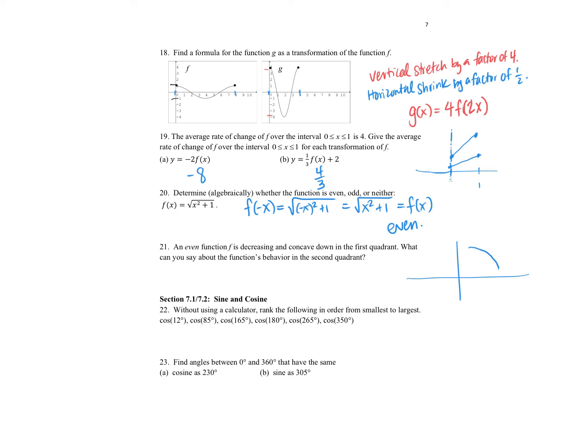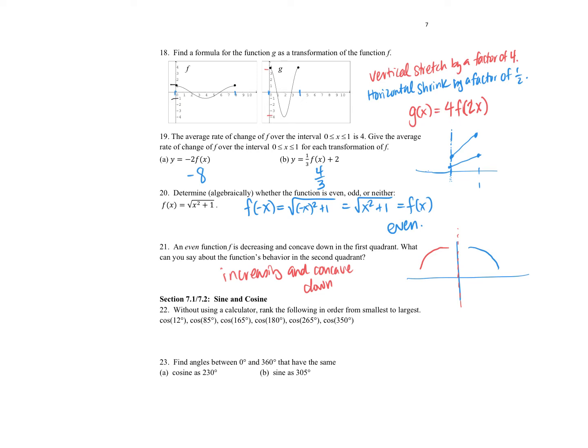If it's even, then it is mirrored about this axis, so it will be like this. So it should be increasing and concave down, because it's just going to be the mirror image of that in the other quadrant.